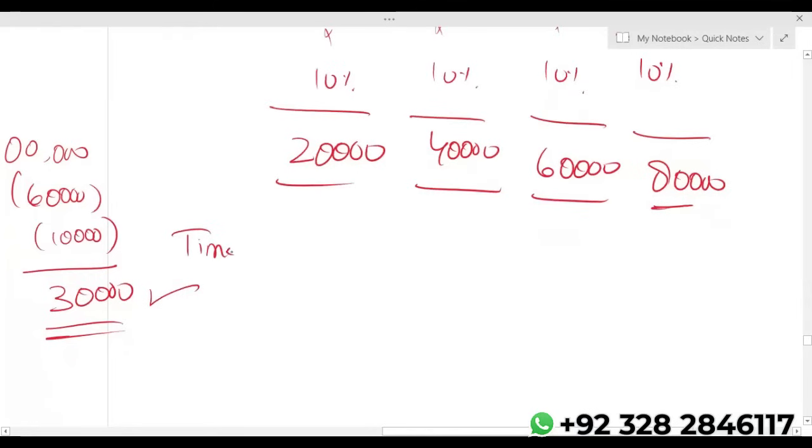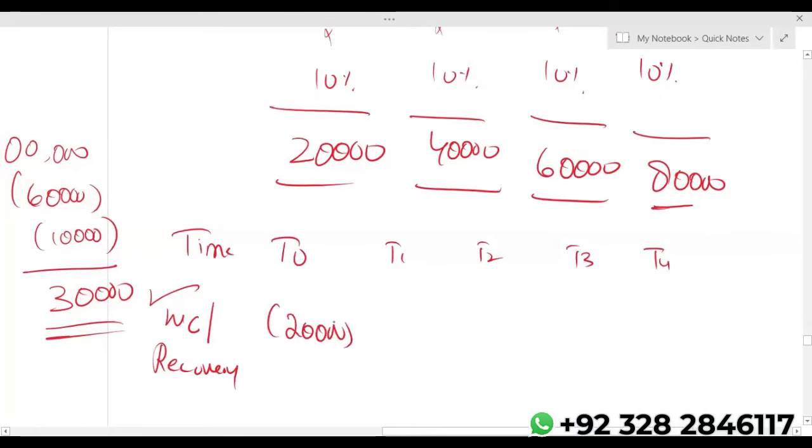I'll show you. I'm just giving you the idea of how to deal with the working capital. T0, T1, T2, T3, T4. Of course, at T0 I'll be investing in working capital, and then recovery. 20,000.